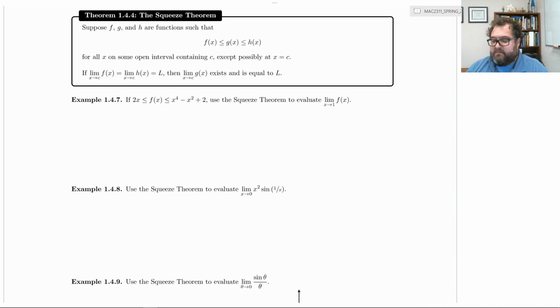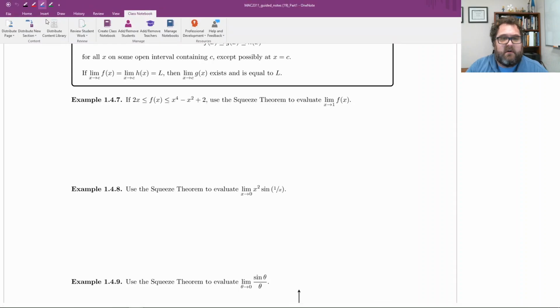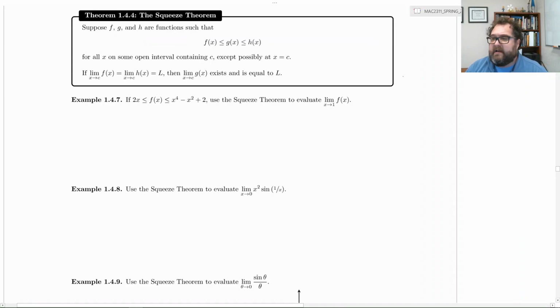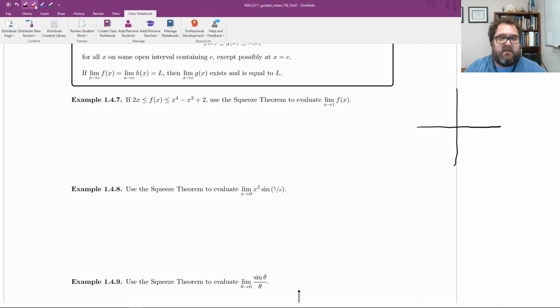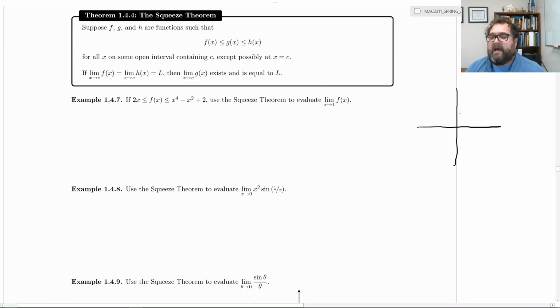So imagine maybe you have something like this. Let's get different colors here. Let's first do the axes, something like this. And then we have our first function, let's say that's our g.